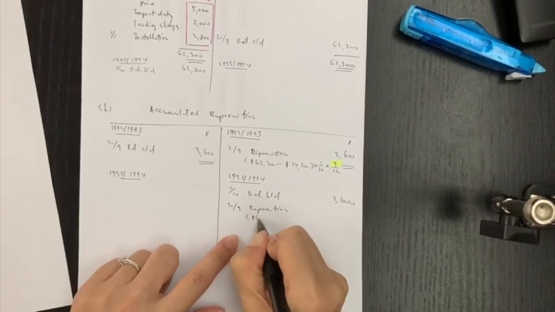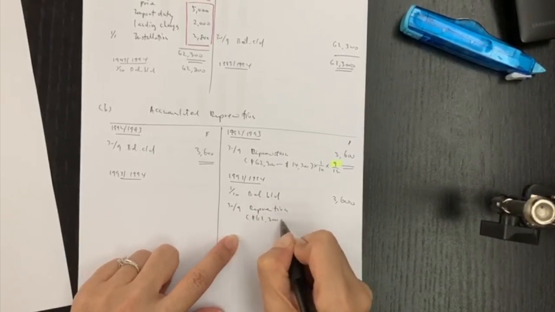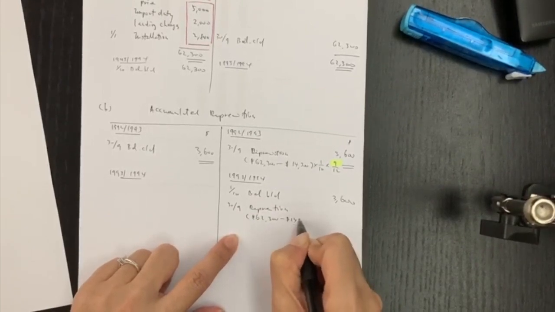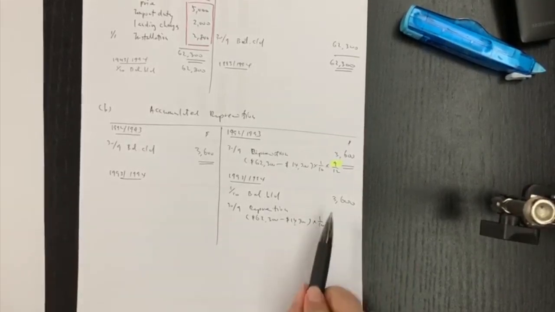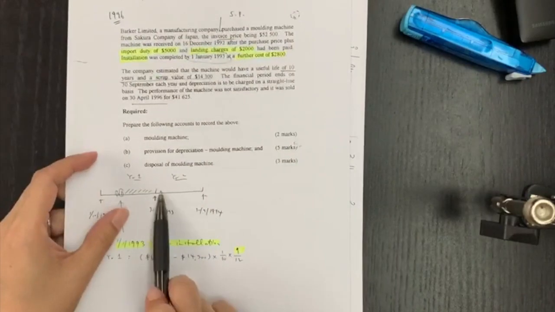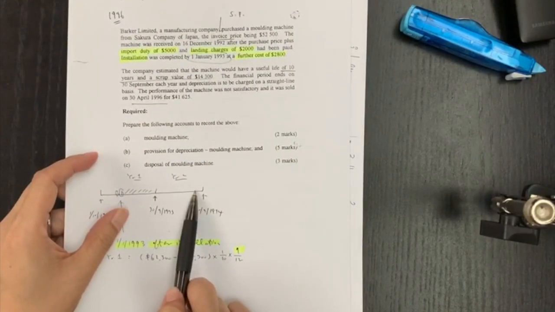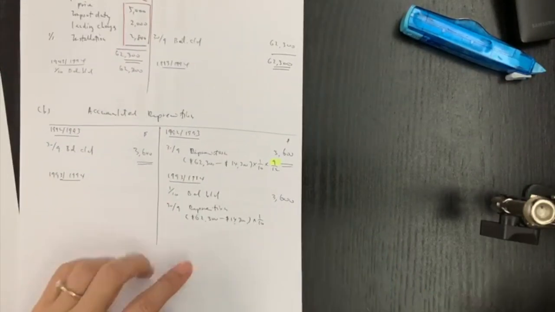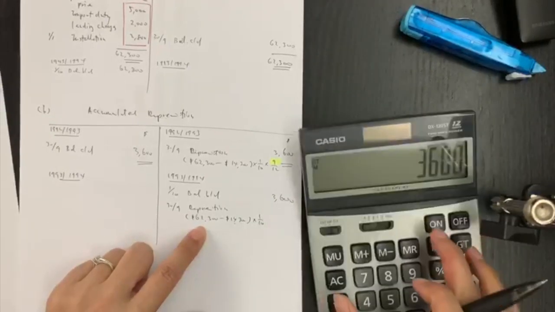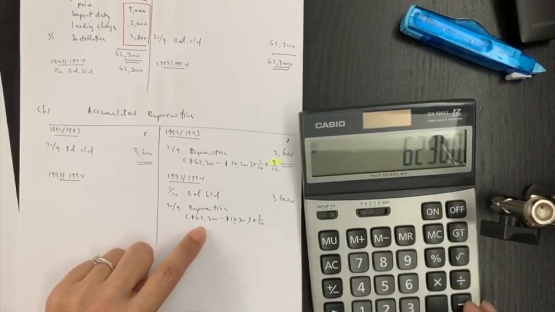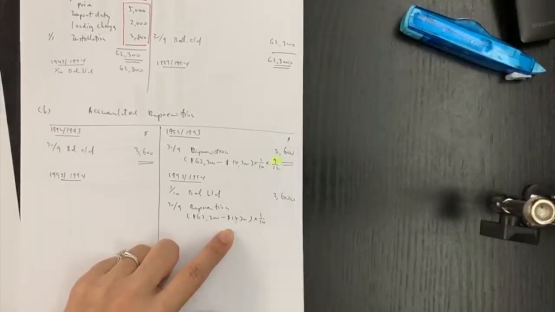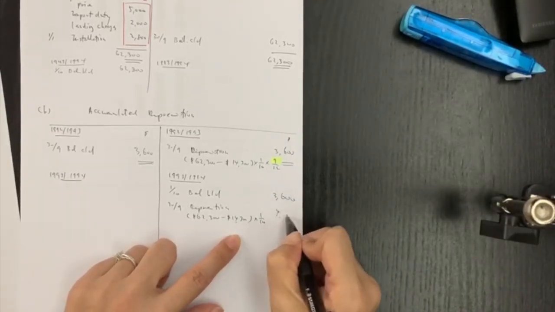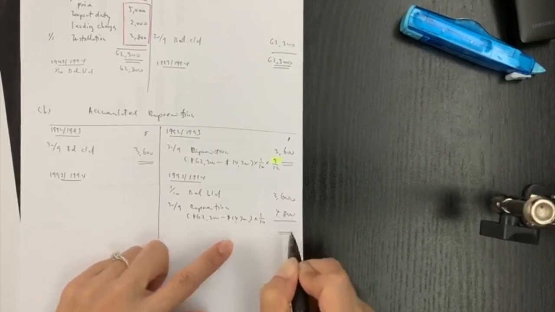This is because of depreciation. However, in year 2, it is 62,300 minus 14,300 times 1/10. This time it is not 9 months, because we use it for the whole year in year 2. So, on my calculator, 62,300 minus scrap value divided by 10, which is 4,800.